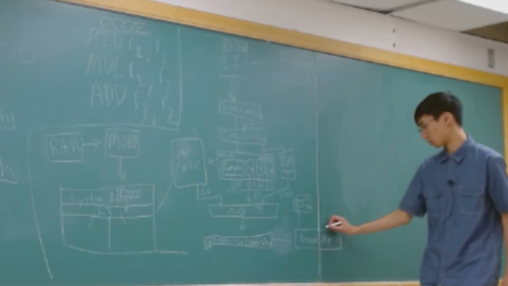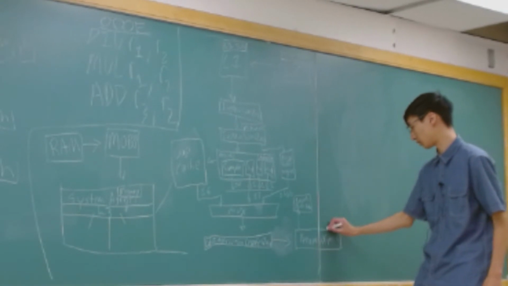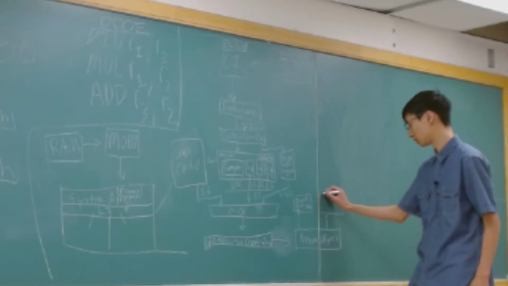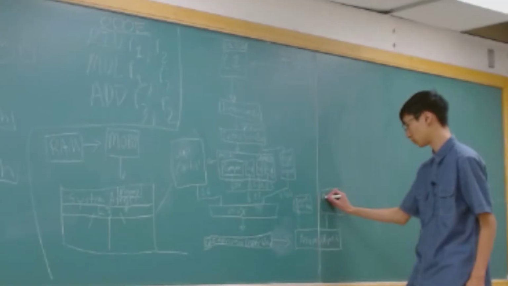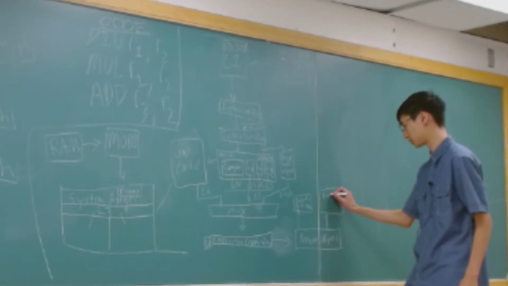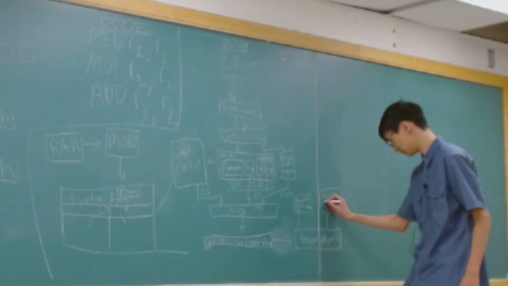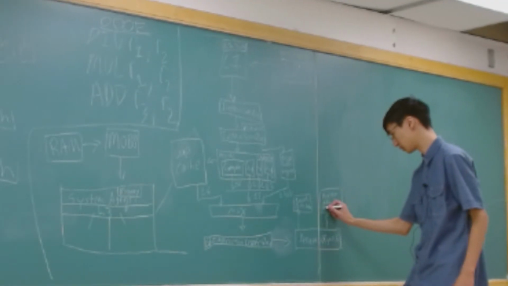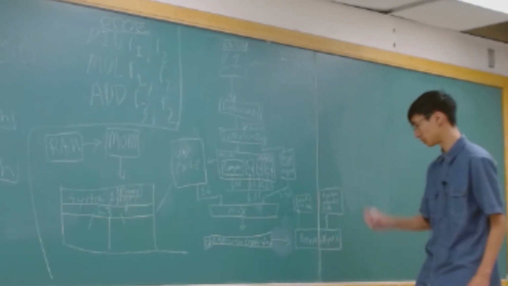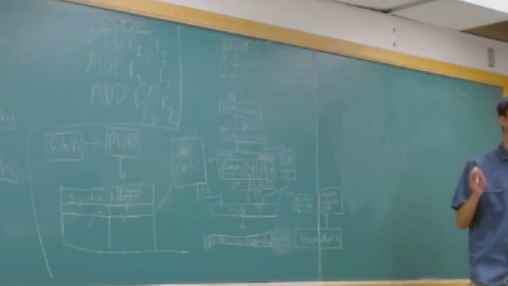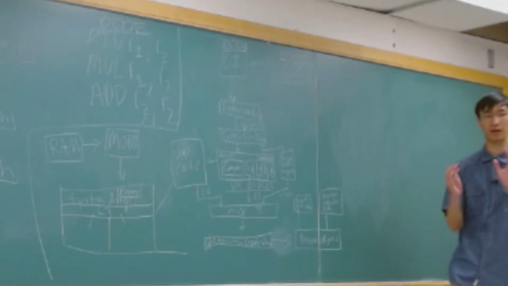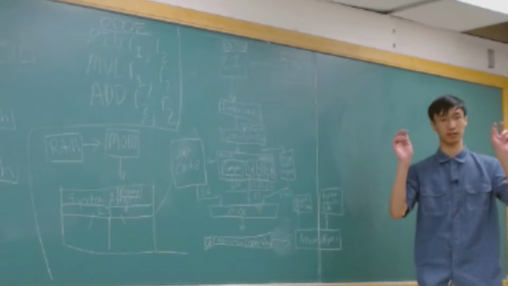The other thing that we're going to contact is the register allocation table. The register allocation table lets us map registers, because we have these fake registers in our CPU.